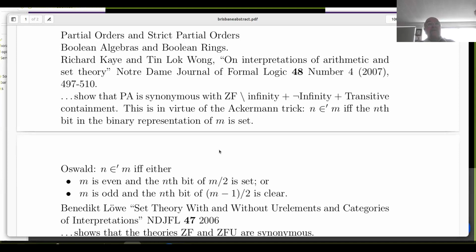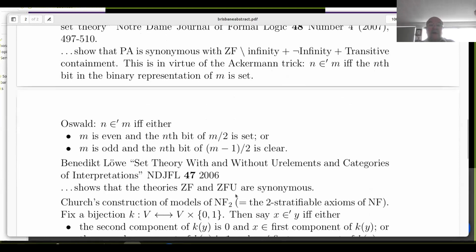Now, an even more recent example is a theorem of my Cambridge colleague Benedikt Löwe in this paper which I mention here. And he says that ZF and ZFU, which is ZF weakened to allow Urelemente, are synonymous. I think there's a slight bug in this paper.